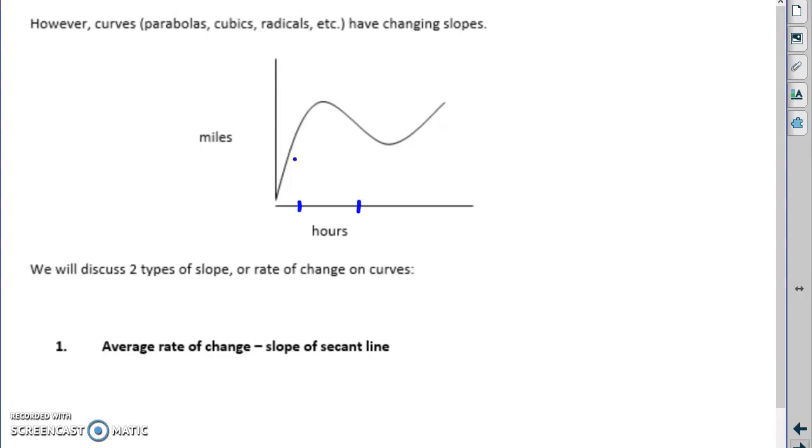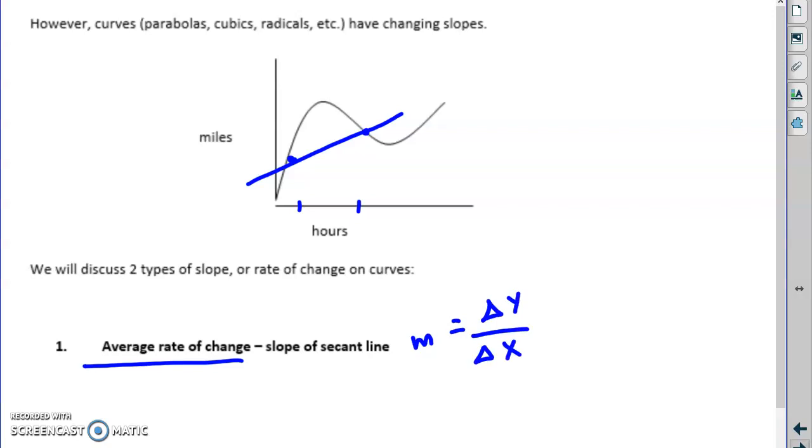I'm going to pick that point right there and that point right there. I'm not going to find all of these slopes along this curve. I'm just going to find the slope of what we call a secant line. So the average rate of change is the slope of a secant line, 2 points, old school slope, change in y over change in x. We'll focus today on that one, the average rate of change, slope of secant line.